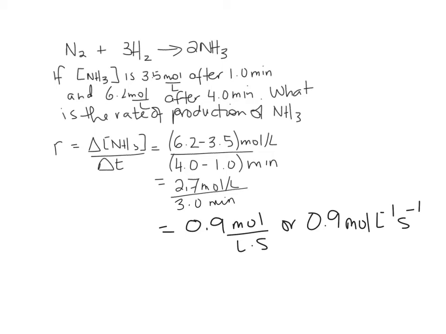Exponents of -1. Yeah. So that means 1 over, right? Yep. That's for minutes, right? Oh, sorry. Yes, we just had that conversation. Mole per liter per minute. So if you have the exponent -1, it means 1 over.